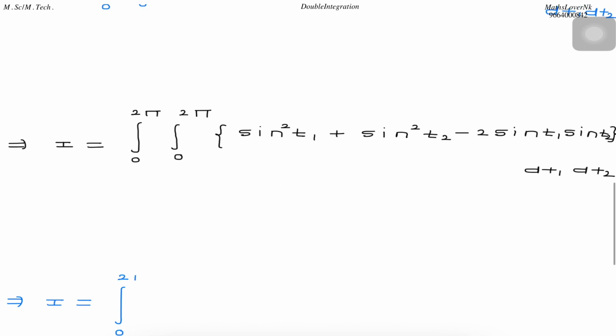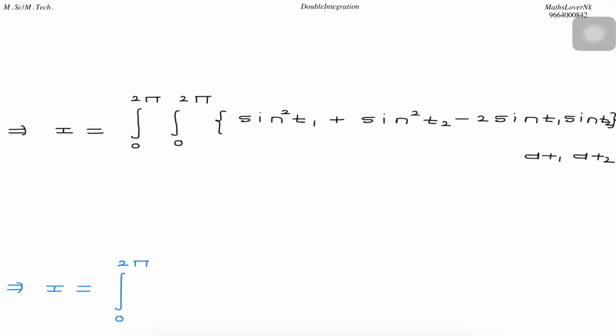When we integrate with respect to dt2, sin square t1 is a constant, so write sin square t1, and the integration of dt2 is always t2, with limits 0 to 2π. Then, plus the integration of sin square t2 from 0 to 2π.